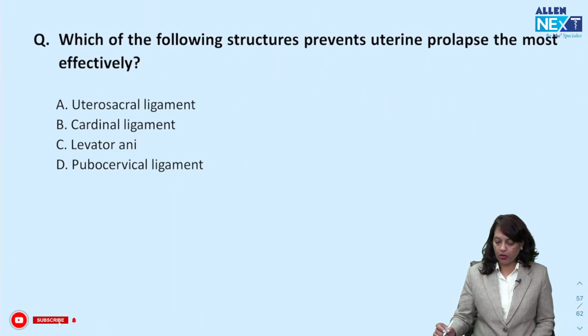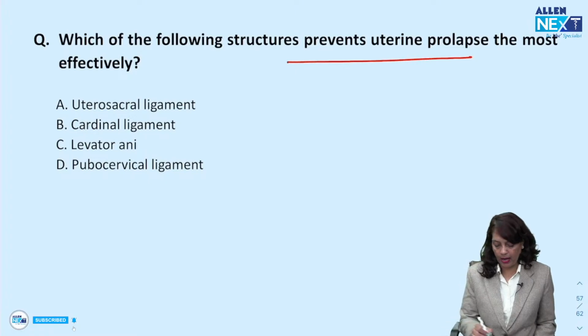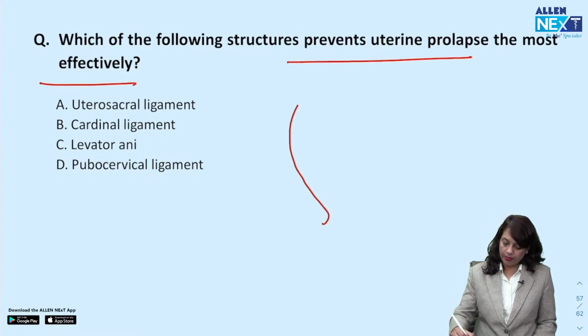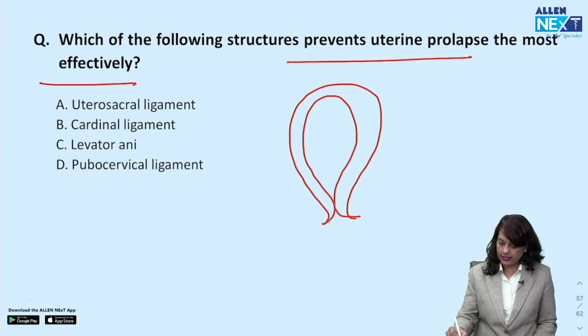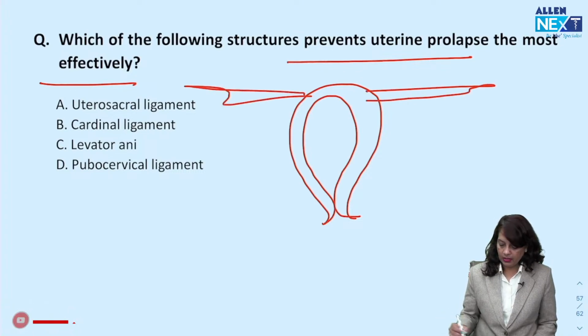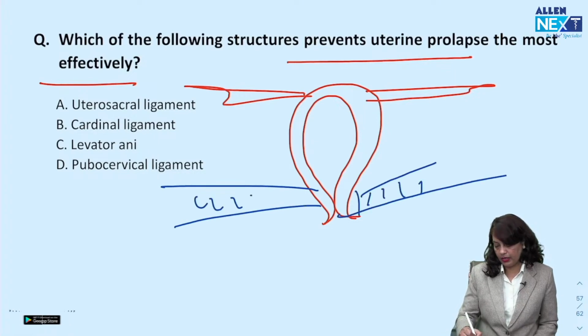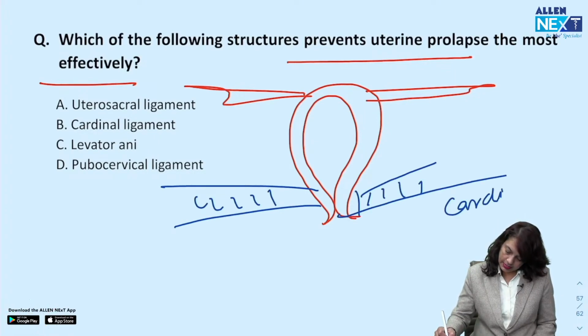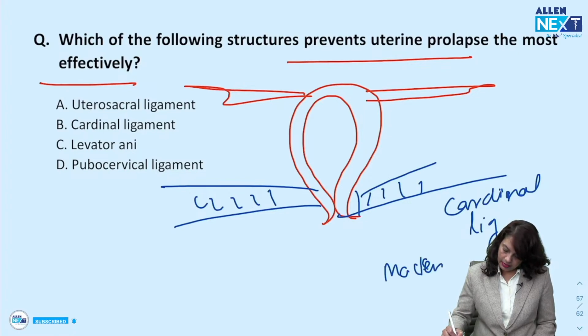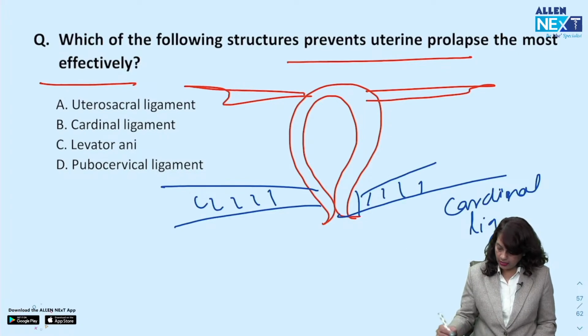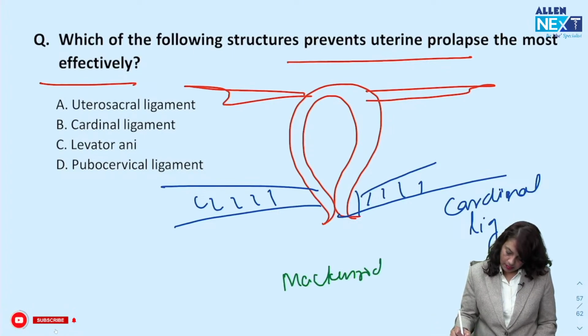Next, which of the following structures prevents uterine prolapse most effectively? Always remember, if they are not asking the muscle, they have asked the ligaments. Then here is the cardinal ligament, which is holding the uterus and cervix from both sides. So cardinal ligament, which is also called Mackenrodt's ligament.